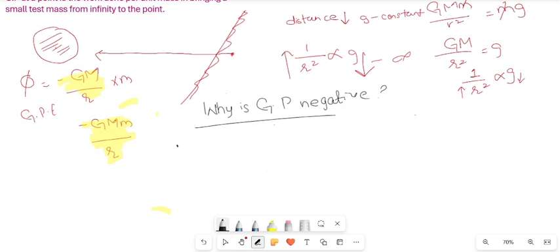Number one, gravitational forces are always attractive in nature.